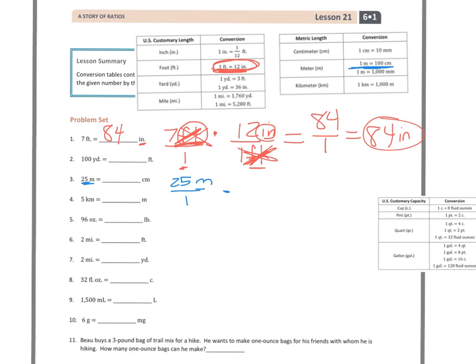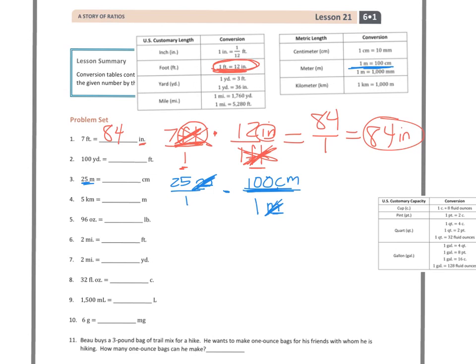So when I set this up, I know meters are on top over here, so I want 1 meter down here. I want them diagonal so I can cross those units out. And then I'm left with 100 centimeters on top because there's 100 centimeters in 1 meter. It's just nice to get them diagonal like that so I can cross those off.